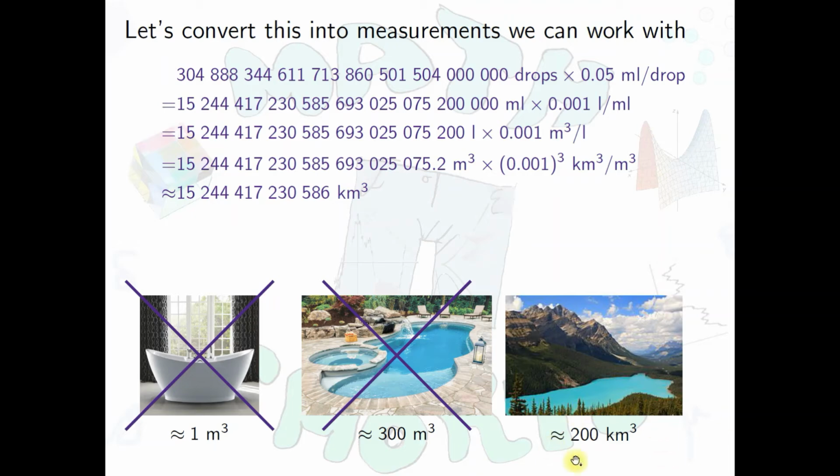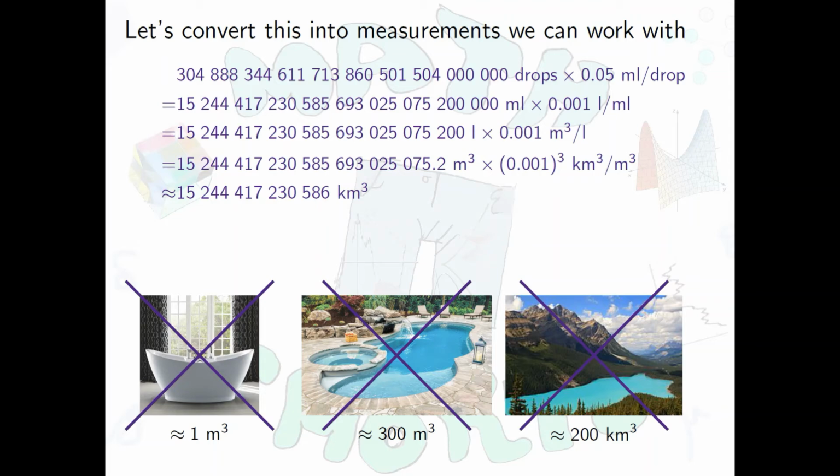But if we compare this number to the number we're dealing with, chances are even the Great Lakes aren't going to be big enough to deal with that. And if you check out the Great Lakes, Lake Superior is around 12,000 cubic kilometers in volume. So that's out of the race.